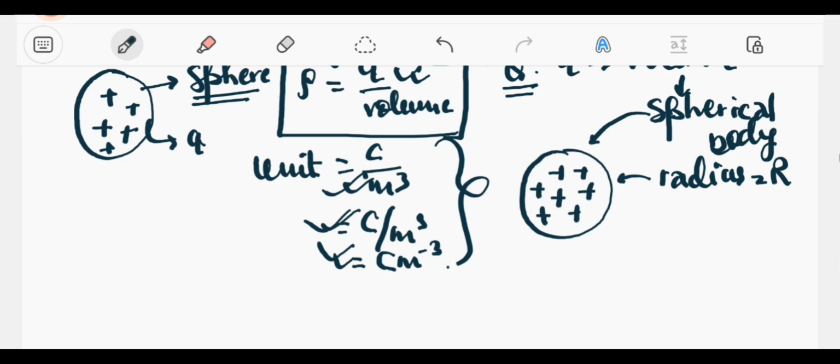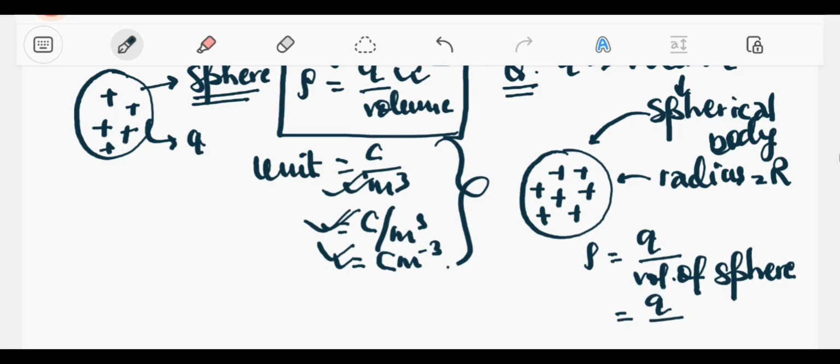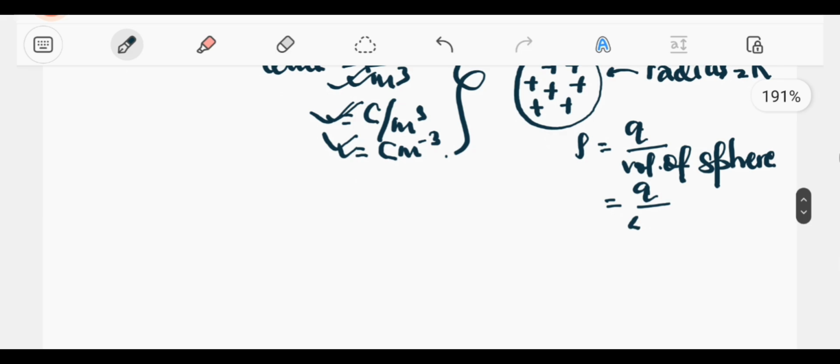Then the volume charge density rho will be equal to Q, the amount of charge uniformly distributed in the volume of the spherical body, divided by the volume of the sphere. We all know the volume is 4 by 3 pi times the cube of the radius, and the radius in this case is capital R, so rho is equal to Q upon 4 by 3 pi R cube.